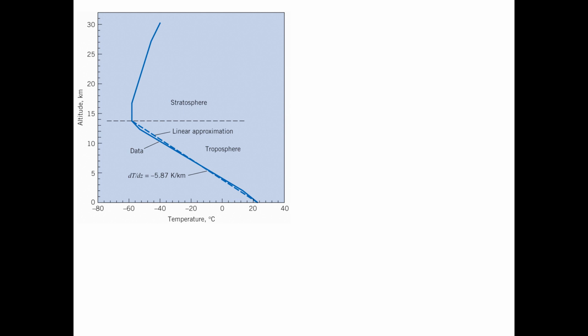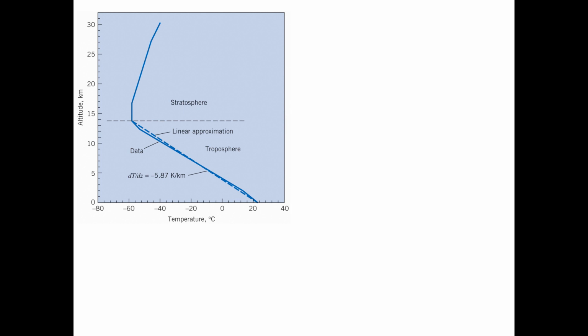And so temperature, pressure, and elevation are all intimately related. And within the troposphere, there's more or less a linear relationship here, where with each kilometer of elevation you lose 5.87 Kelvin. And the increment, the size of a Kelvin, is the same as the size of a degree Celsius.